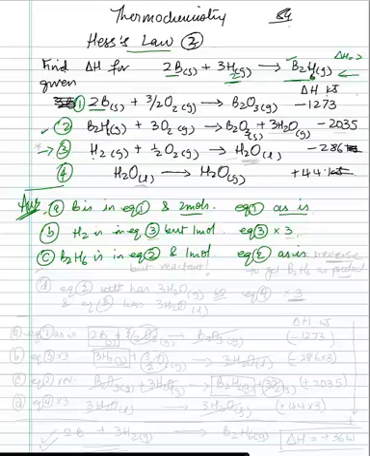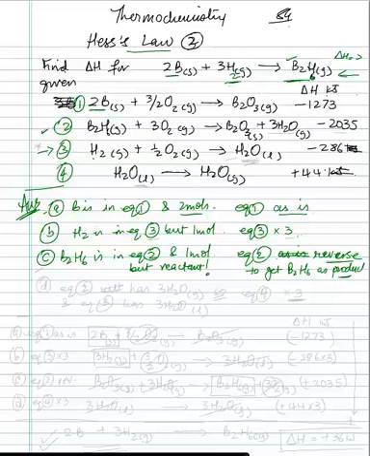Okay, however, not as is, we can't take it as is. Why? Because B2H6 is the product, and 1 mole, but in equation 2 it is the reactant. So equation 2 reverse. You can take it as is, which means we don't have to multiply it by anything, but we have to reverse it, so that we have B2H6 as product. Okay, and that's why we need to reverse this.